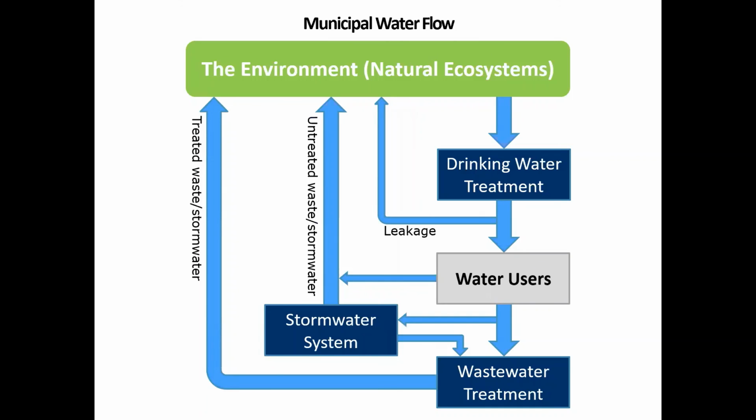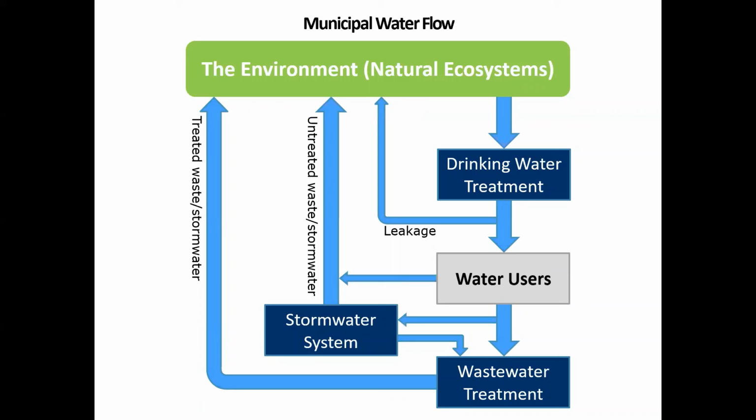So I'm just going to finish off on this slide today. Like I said, we're going to talk about water treatment soon, but I want to talk a little bit about pollution first. This is kind of a different version of what I called last day the human water cycle.